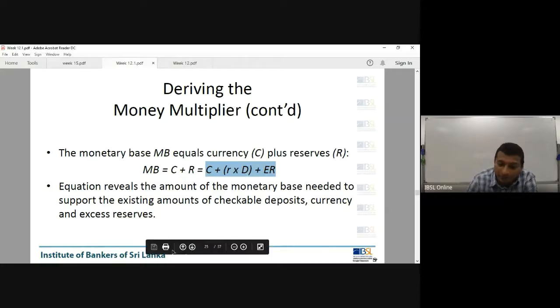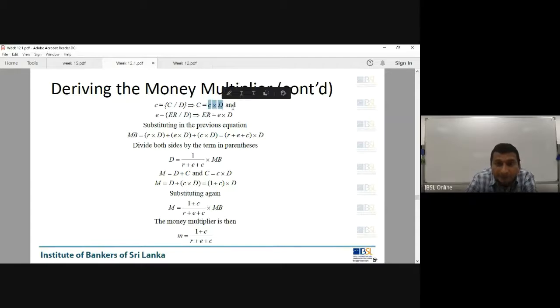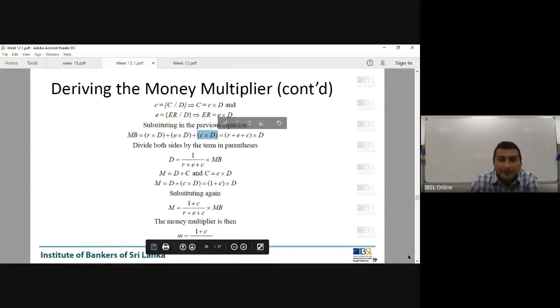Now we come to the point where we define C also. C is nothing but this component: small c, currency ratio times deposits. So we have the monetary base, that component defined. Currency is nothing but currency ratio times deposits.